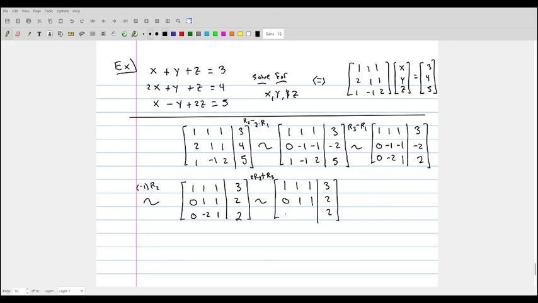Which will give me 0, because 2 times 0 plus 0 is 0. 2 times 1 plus negative 2 is 0. 2 times 1 plus 1 is 3. Oh, and this last one is not going to be 2. This is going to be 2 times 2 is 4, plus 2 is 6.